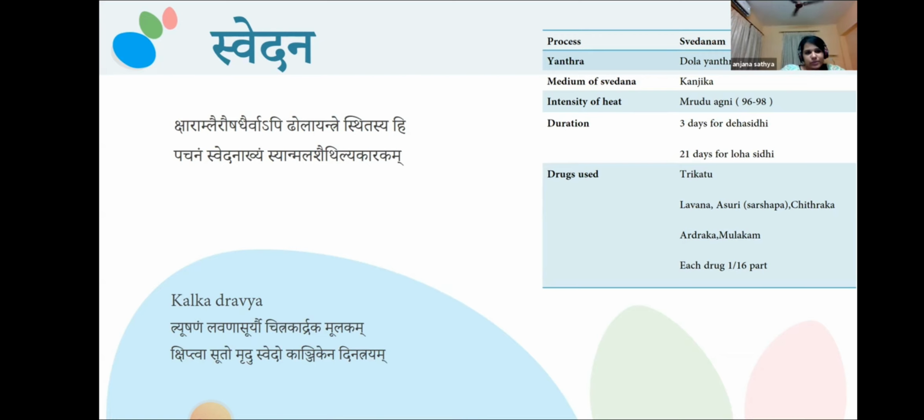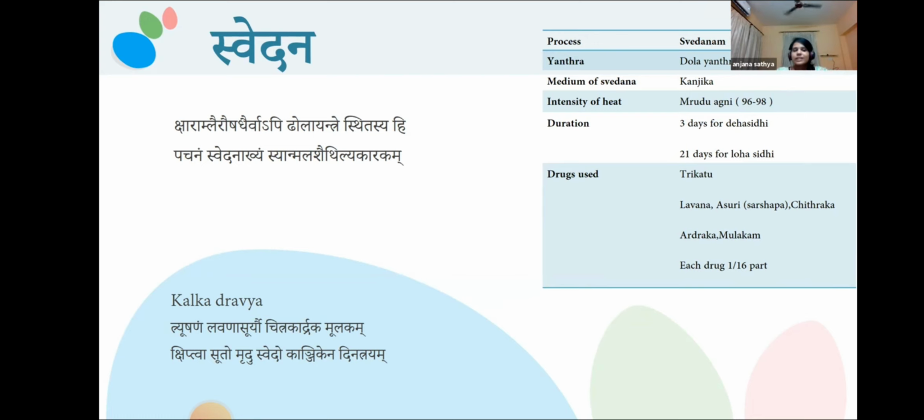The actual process or the heating process will come under the second level. And the third level will be recovering that particular drug which is taken for purification. This is the same for every process that we are doing in metallurgy or Rasa Shastra. So I will explain the Ashtasamskaras in that way also.